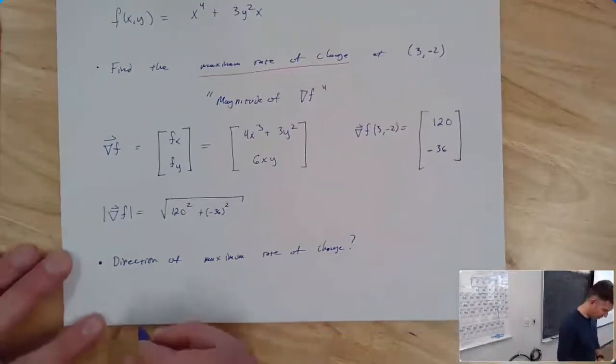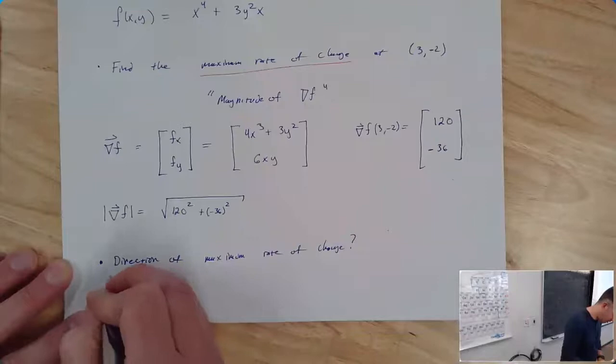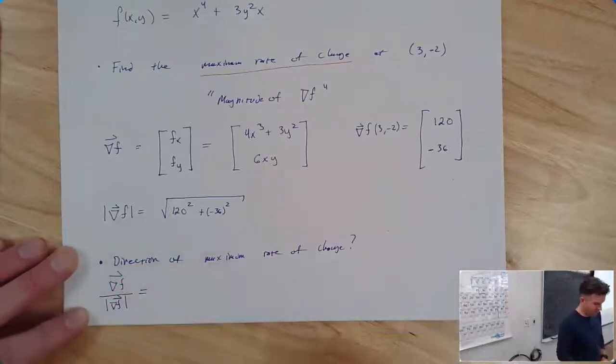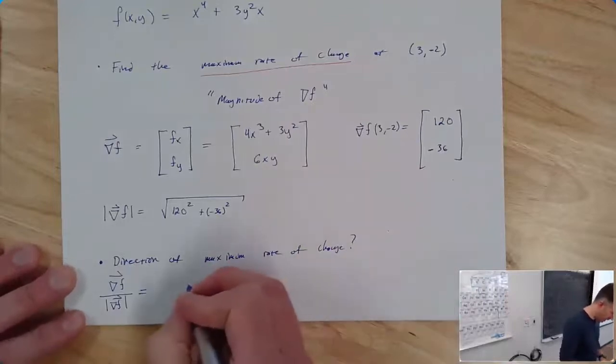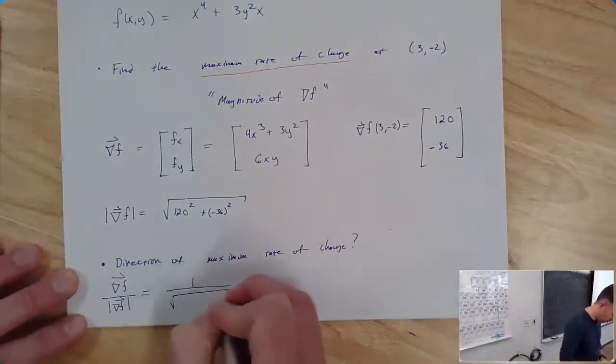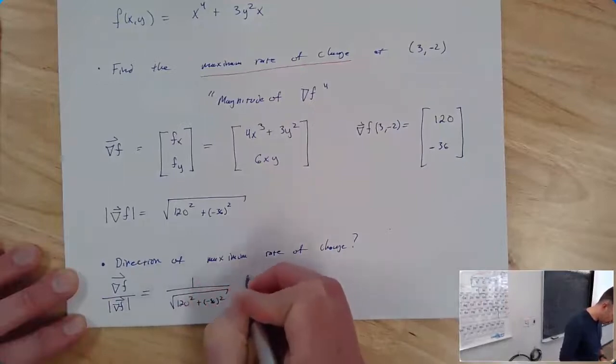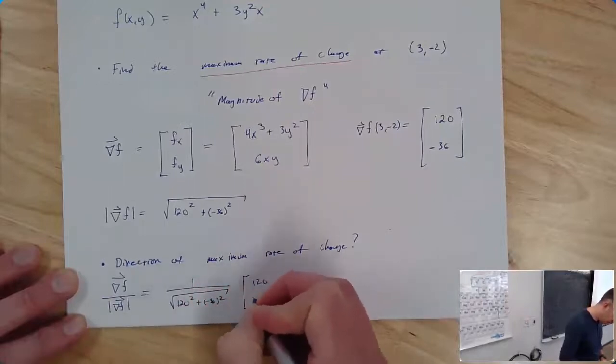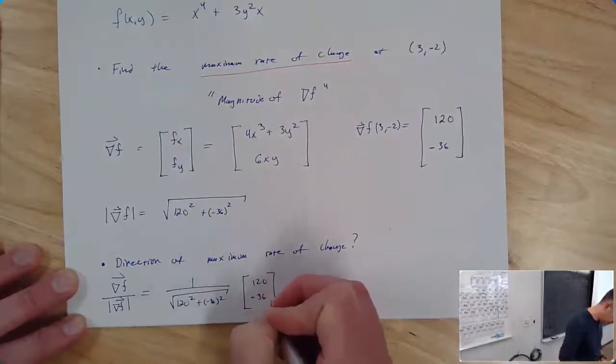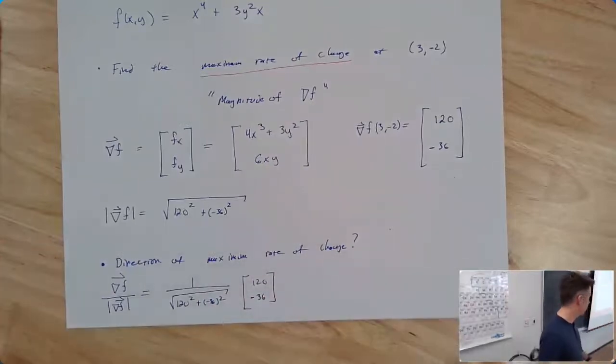Again, not very nice, but I would write it as 1 over the square root of 120 squared plus -36 squared, times the vector 120, -36. That's the easiest way we can probably write it.